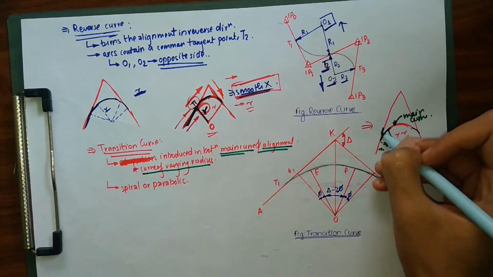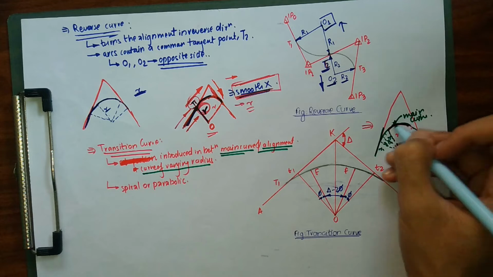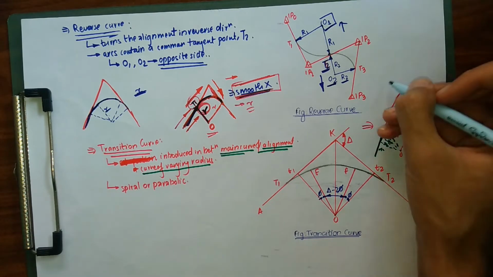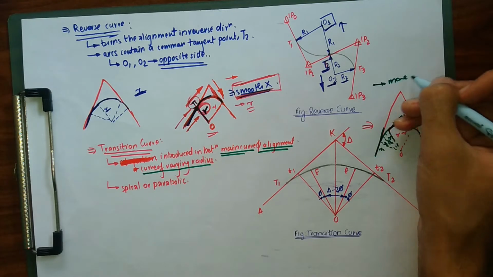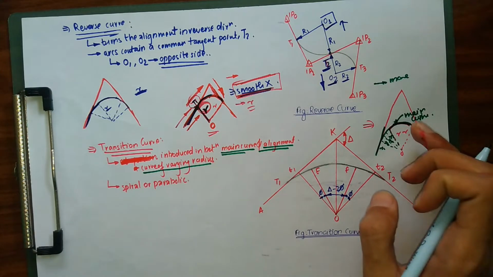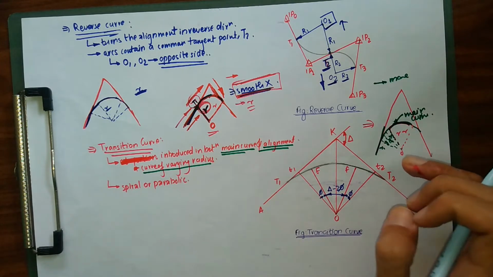This is our alignment. This is our main curve. We have simply shifted our main curve downward, and introduced curves of varying radius.